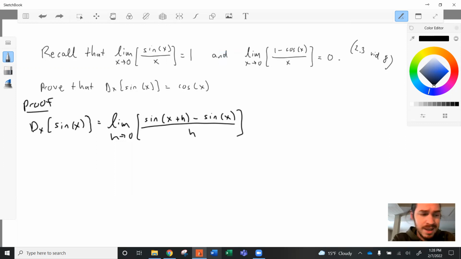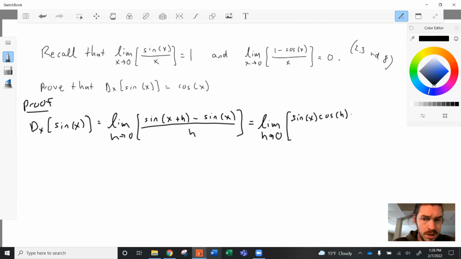And there's a special identity for rewriting that in terms of the sines and cosines of those individual numbers, x and h. So I'm going to rewrite just that part, and it becomes sine of x times cosine of h plus cosine of x times sine of h.